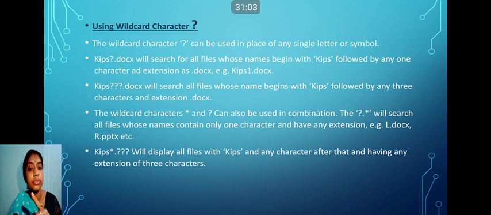We are aware of the extension, but we do not remember the complete file name, only how many characters it had. Now how do we use the combination of star and question mark?